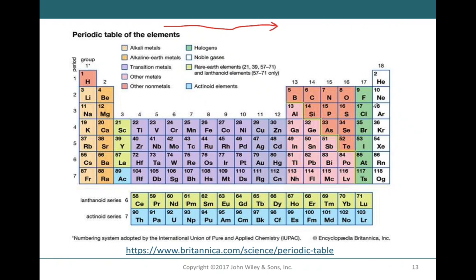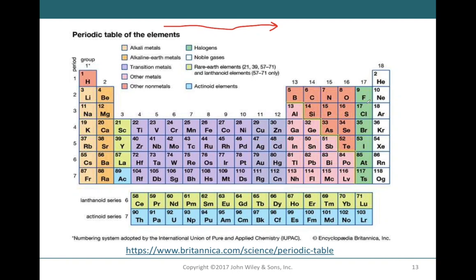So the idea of this is that oxygen is only going to be 2 electrons away from filling up its second electron shell. So oxygen is going to want to pull on other electrons more than carbon, for example. Carbon is very, very far away from filling up its second electron shell, so it's going to pull a little less hard than oxygen does.